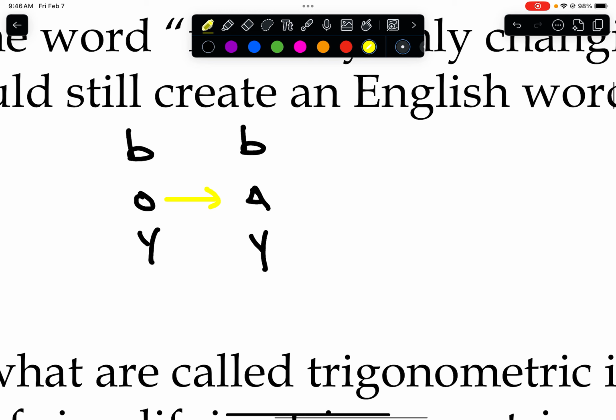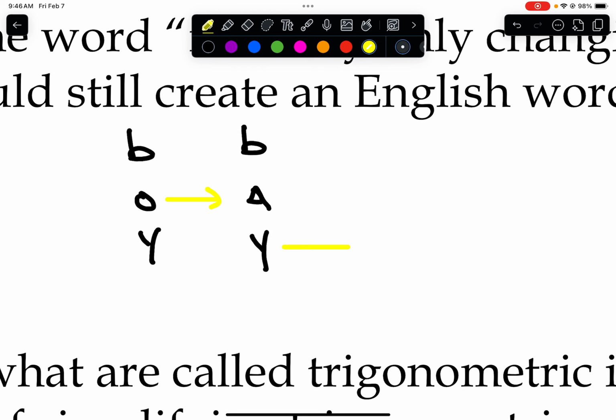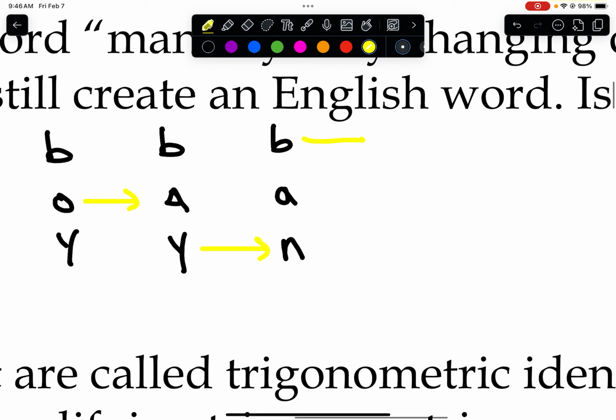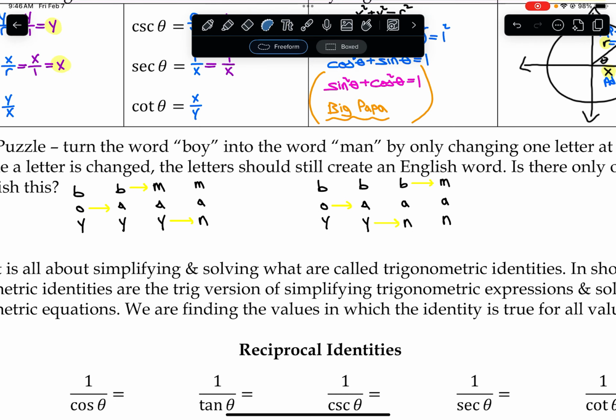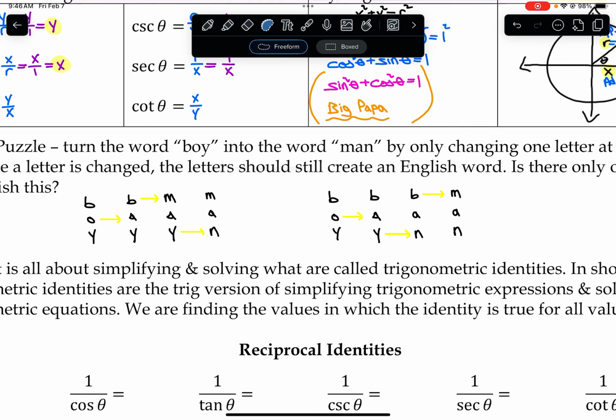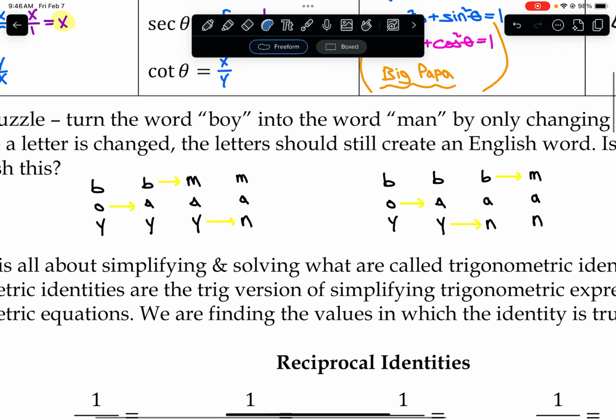And then you can change bay into ban, B-A-N. And then ban, you can, hello, English is hard, then you can turn ban into man. Ta-da. So there's a couple different ways that you can do it. This is the whole premise of identities: there may be more than one way to do a specific problem.